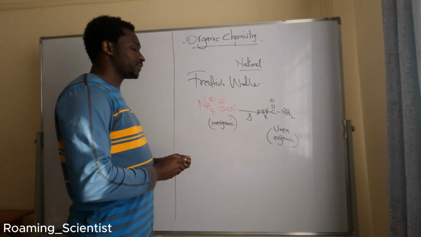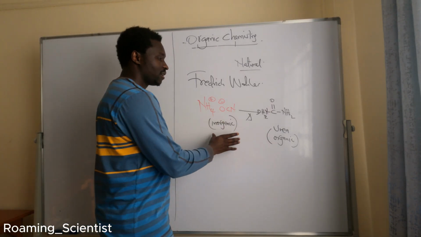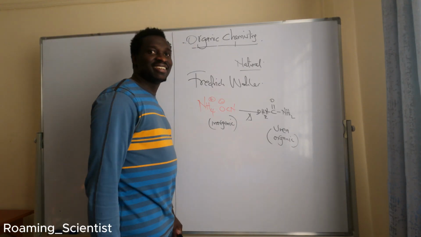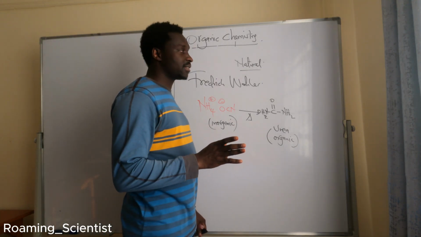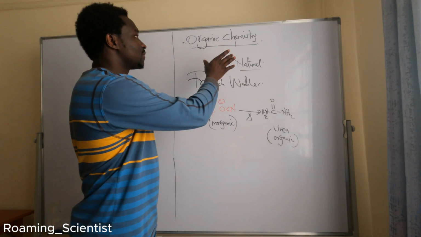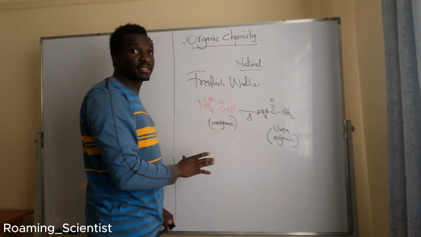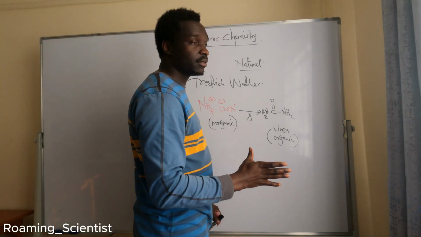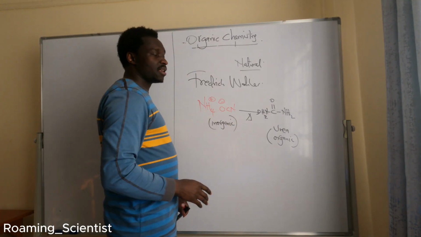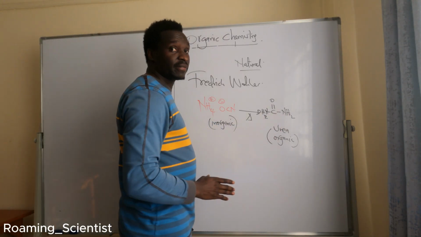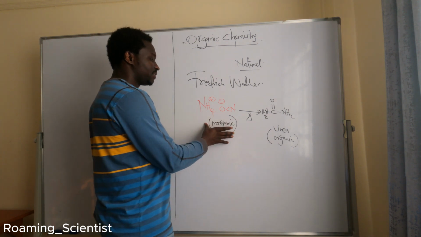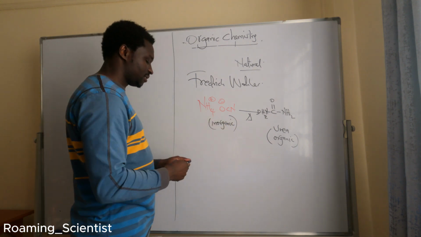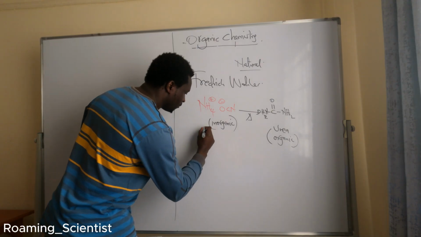So it is this transformation from inorganic to organic that is of interest to chemists. That's why chemistry is the study of structure. You've seen the structures I've drawn here. It is the study of composition, what it is made of, and transformation. We have ammonium cyanide.